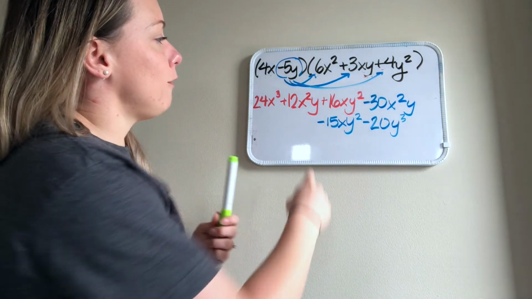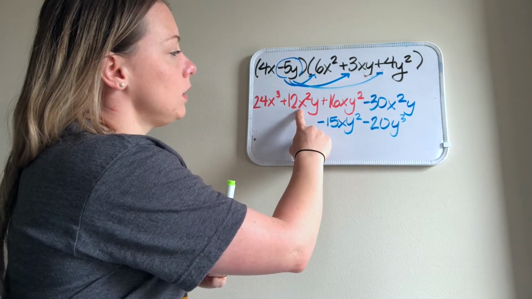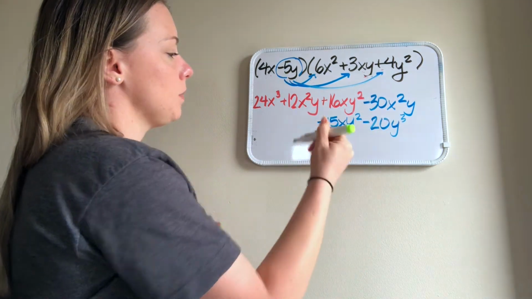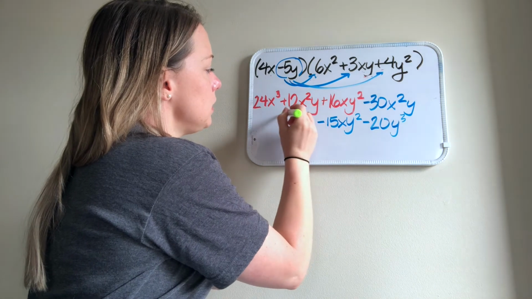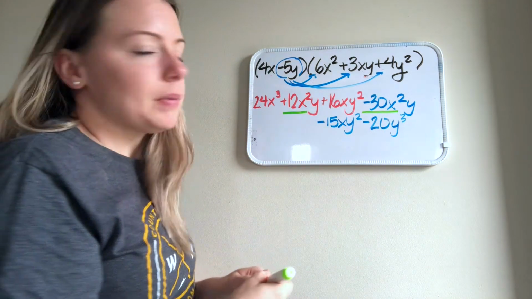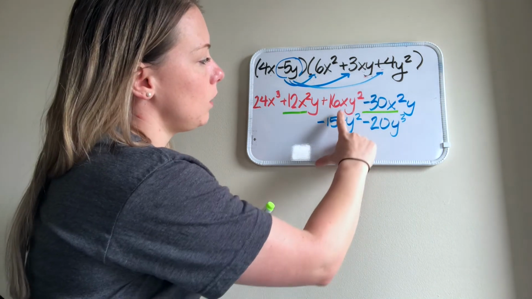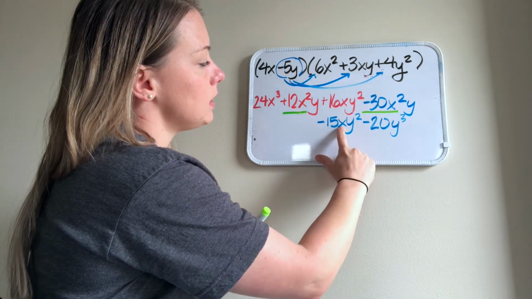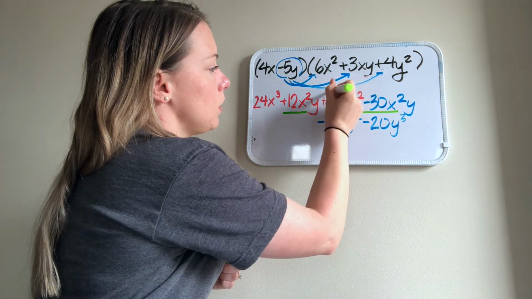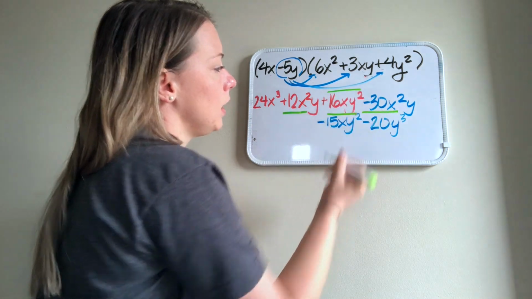What I really want to find is another x squared with a y to a power of 1, which would be right here. So this term and this term are alike. And then I have the same thing going on here, where I have an x to the power of 1, a y to the power of 2. So these guys can combine.